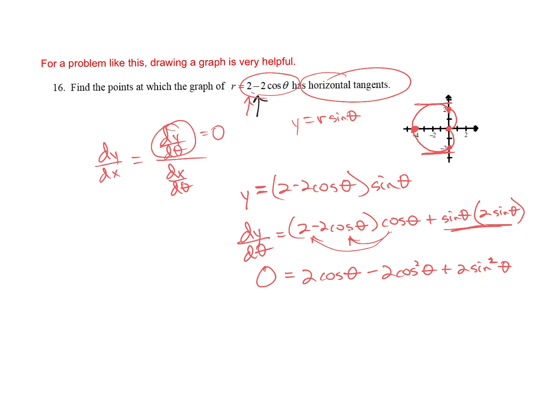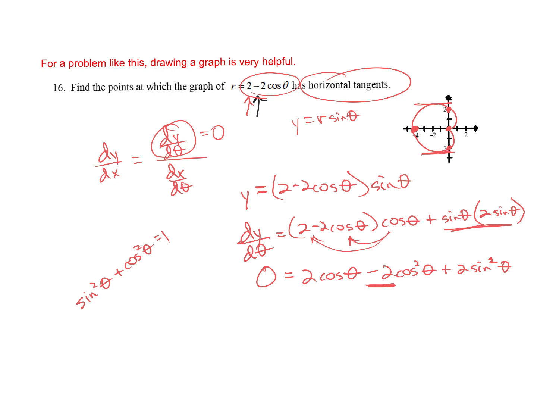Got to really dig deep into your trig identities here. You know that sine squared plus cosine squared is 1? Sine squared of theta plus cosine squared of theta equals 1. That's true. Do I have a plus here? Problem is that negative. If I wouldn't have had that negative, that would have been awesome, right? But I have a negative.